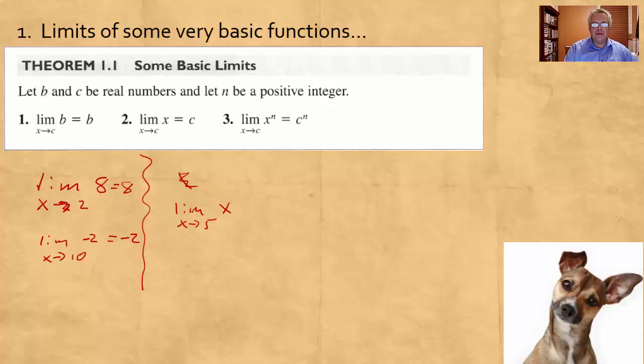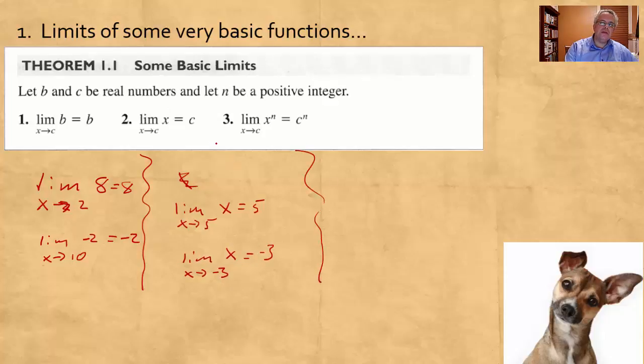So it kind of seems silly. The limit as x approaches 5 of x is 5. Okay, so in this case, the function's equal to the input. So if the input's approaching 5, the function's approaching 5. Here's another example. Say the limit as x approaches -3 of x would, of course, just be -3.